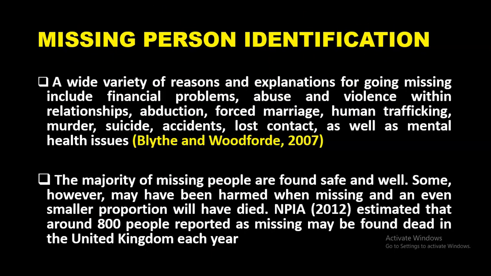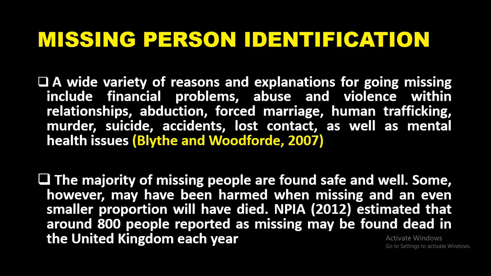A wide variety of reasons and explanations for going missing include financial problems, abuse and violence within relationships, abduction, forced marriage, human trafficking, murder, suicide, accidents, lost contact, as well as mental health issues.